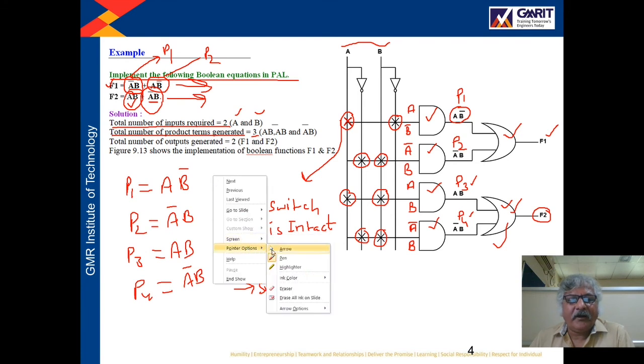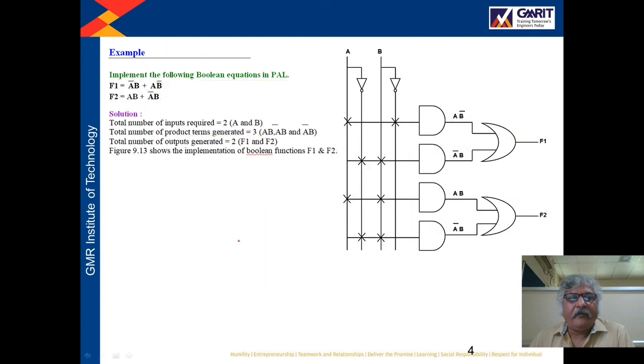Now, as I already told you, you can divide PLDs into two classes. In one class, there is PLA, PAL, and CPLD. And in another class, there is FPGA.